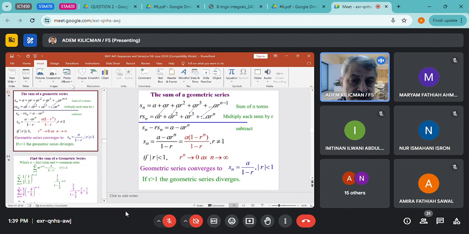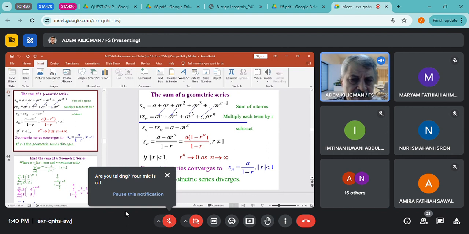So therefore, for the geometric series that we have, the partial sum Sn converges to A over 1 minus R, because this R^n goes to 0, subject to the absolute value of R being less than 1. So we can say a geometric series is convergent if the absolute value of the common ratio R is less than 1. If it is greater than 1, it is divergent.